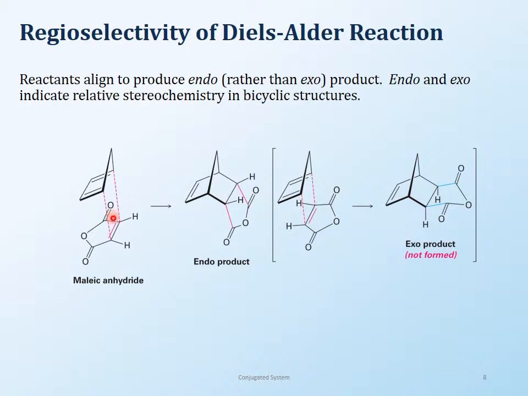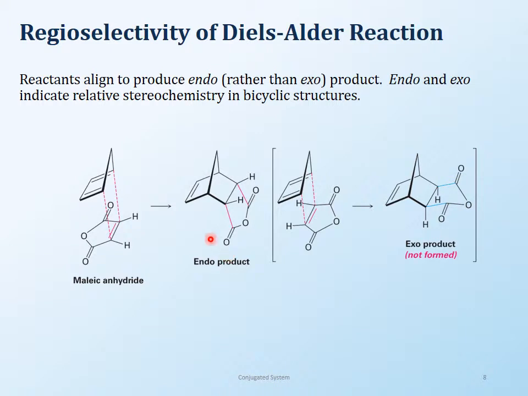In this case, the dienophile is directly underneath the cyclopentadiene, and so once the bonds form, you end up getting an endo product. However, in this case, the dienophile, the maleic anhydride, is actually facing outside, and so you end up forming an exo product.